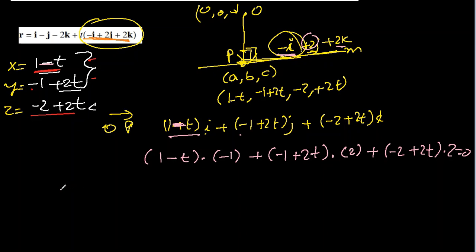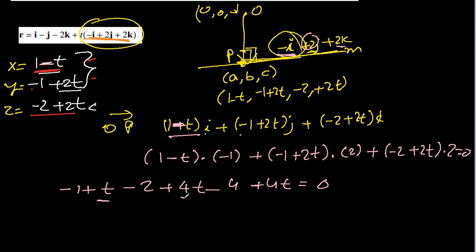So let's open the brackets. Minus 1 plus t, minus 2 plus 4t, minus 2 times 2 is 4, plus 4t, equal to 0.